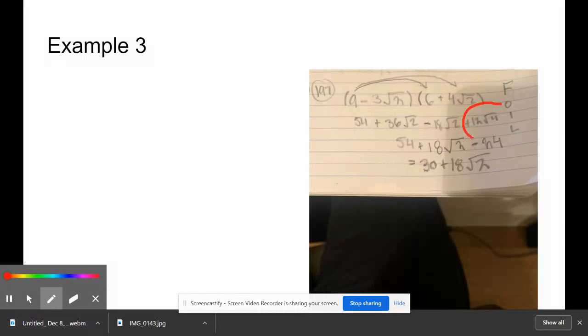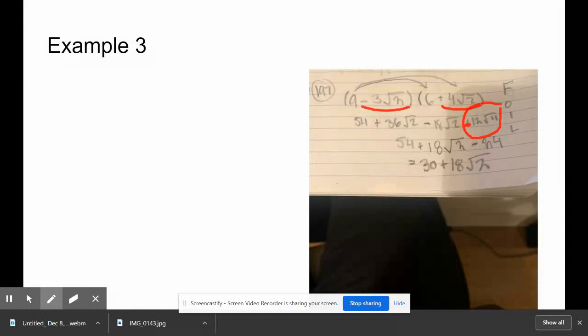So over here, I had it as plus 12 root 4, but it's actually a minus, because negative 3 root 2 times 4 root 2 is negative 12 root 4.